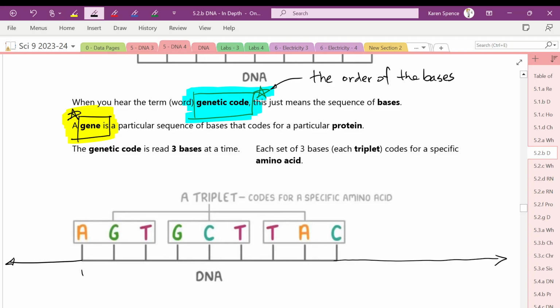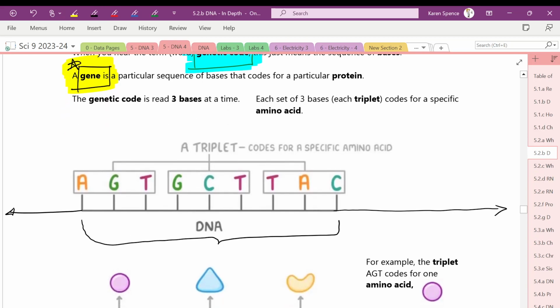And this part right here might be the code for one specific protein. So out of all of that DNA, just this one tiny little section is the code for one specific protein.